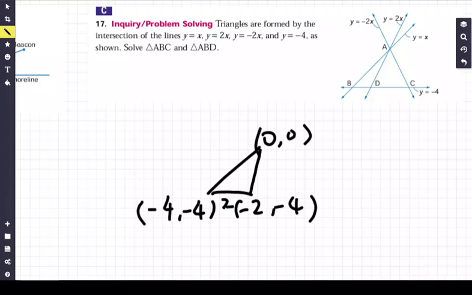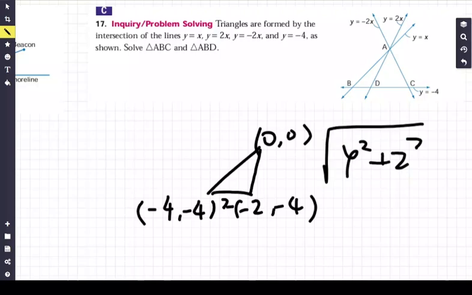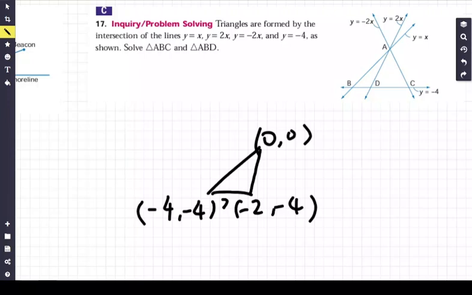From 0, 0, how many blocks did we travel? We traveled 4 blocks up and 2 blocks to the right. How do we find the distance? It should be pretty easy. We just use the Pythagorean theorem. 4 squared plus 2 squared is 16 plus 4, so the square root of 20.